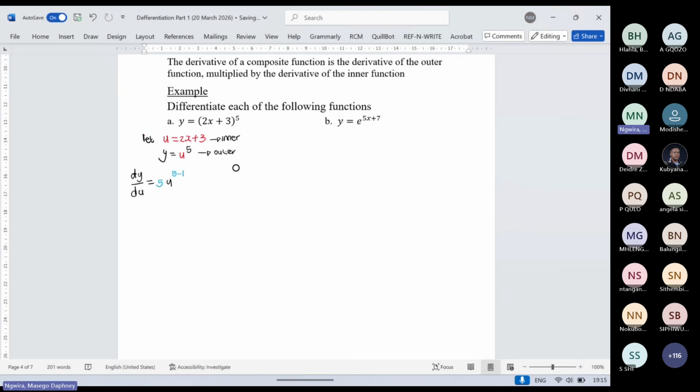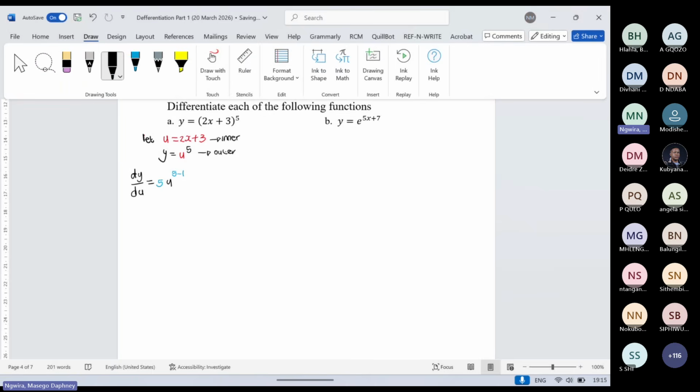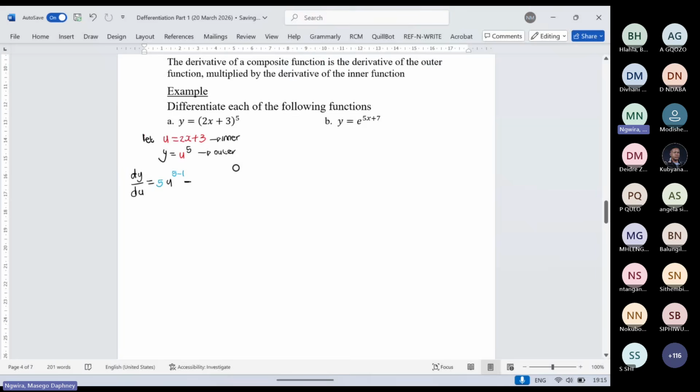So this is 5, and then u to the power of 4, because 5 minus 1 is 4.